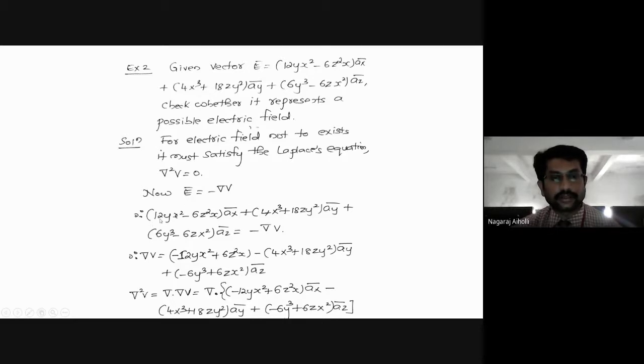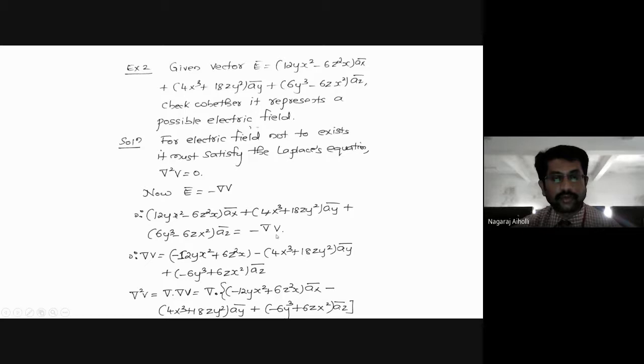Substitute here whatever equation is given for E, that is 12yx square minus 6z square x ax bar plus 4x cube plus 18zy square ay bar plus 6y cube minus 6zx square az bar. This is equal to minus del V. LHS is equal to RHS.